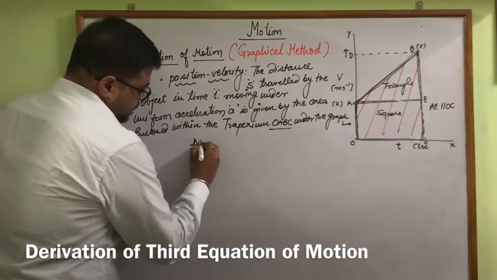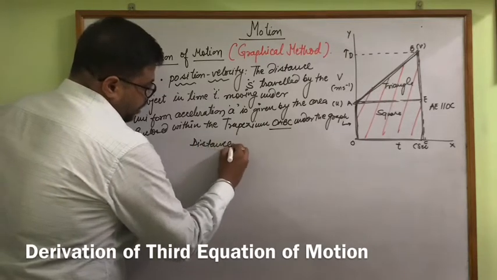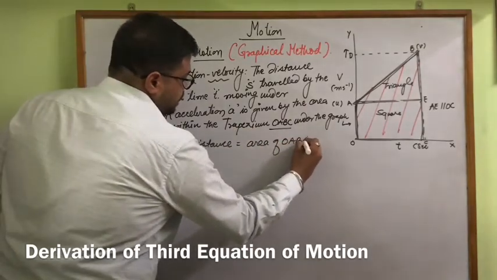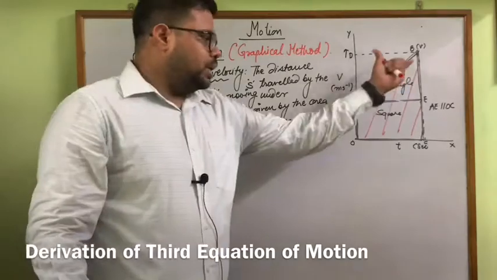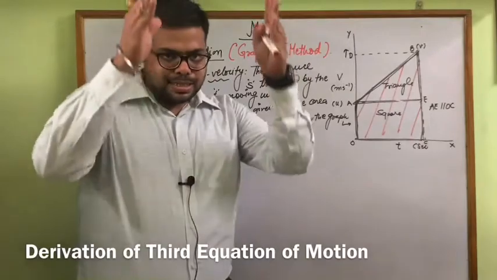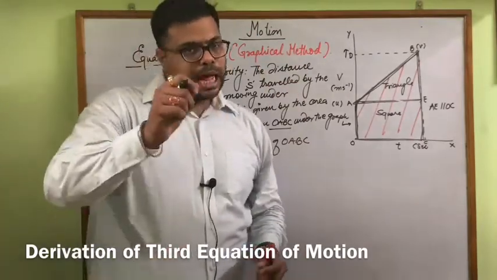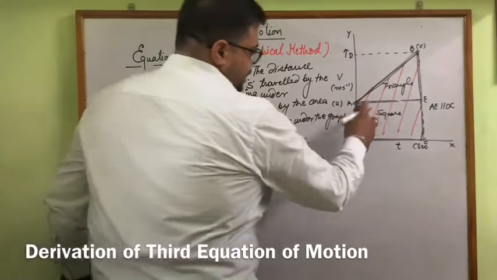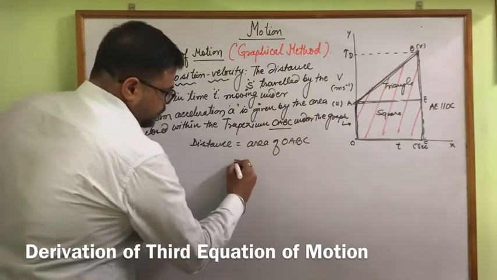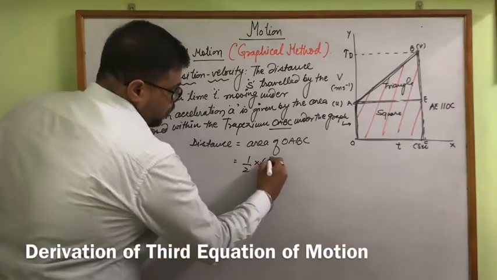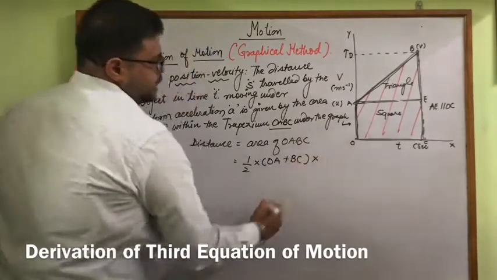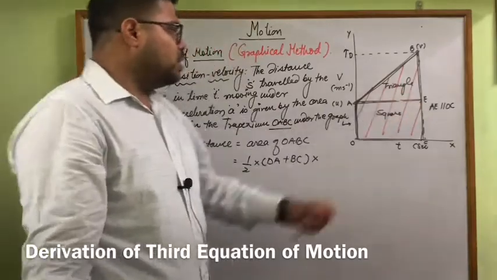Now we know that the distance will be equal to the area of trapezium OABC. I know the area of the whole trapezium: half into the sum of the parallel sides multiplied with the height. The parallel sides are OA and BC. So we can say half into OA plus BC, and the height is AE, the perpendicular distance of this trapezium.